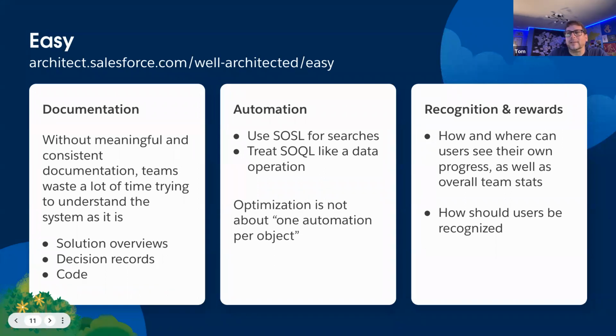One of the things that you may not realize, and you can read about it a little bit in the architecture basics document and in the multi-tenant architecture document that I talked about earlier, is that every time you write a SOQL statement, when the system executes it, under the hood it's actually preparing itself as if it were getting ready to do a DML operation. Even if all you're doing is searching for a record, the system loads all of the other overhead that it needs to actually write records back to the database.